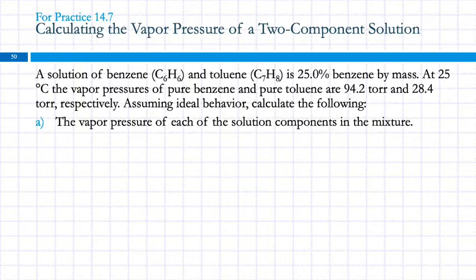Okay, we can do this. It's just tedious. So they're wanting the vapor pressure of each component. We have two components, the toluene and the benzene. I'm going to call them T and B. The pure vapor pressure of benzene is 94.2 torr, and the pure vapor pressure for toluene is 28.4 torr.